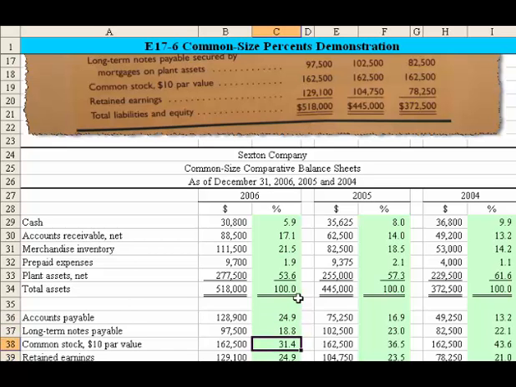It has markedly declined from 36.5 to 31.4, and that could reflect a stock buyout program or other mechanisms to reduce shares outstanding. Now, when I actually look at the common dollar amount, I'm more inclined to say nothing's happened in common stock. The common stock has been stable all 3 years.